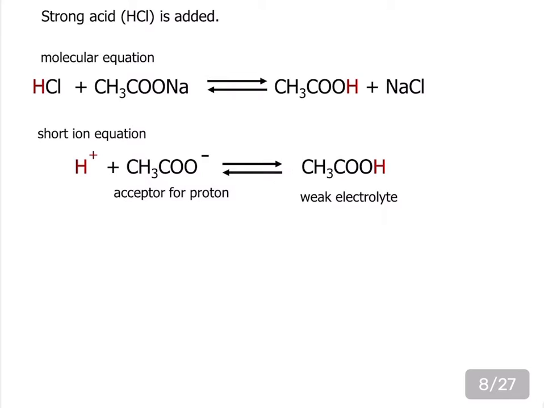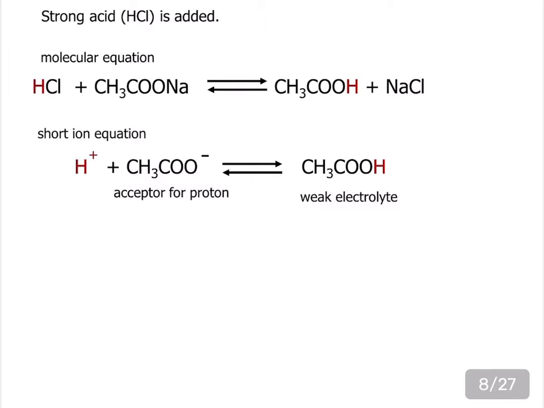For example, when some strong acid, for example hydrochloric acid, is added into the buffer solution, it will interact with the acceptor for protons in the buffer system composition, and as a result a weak electrolyte will form.